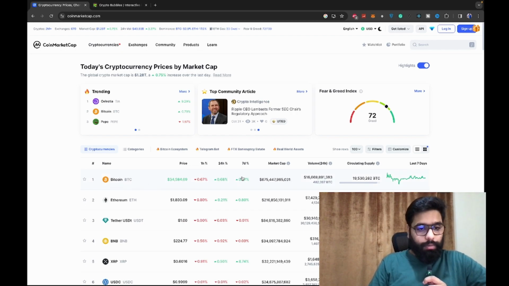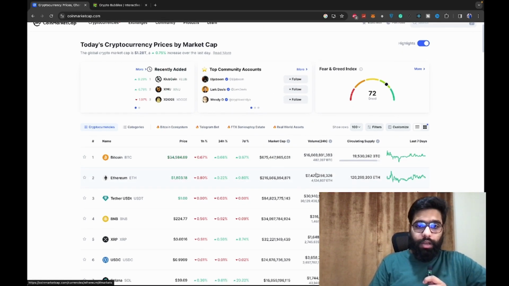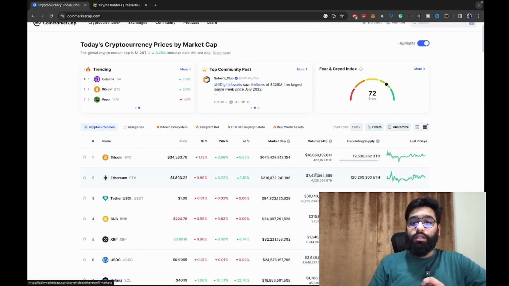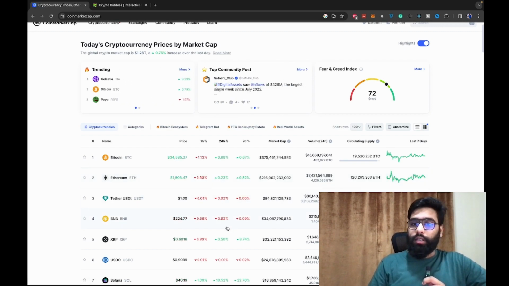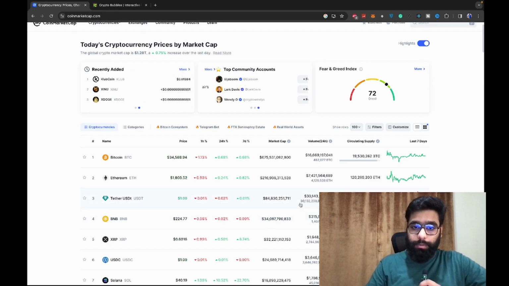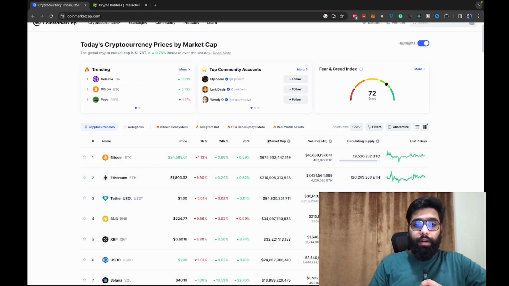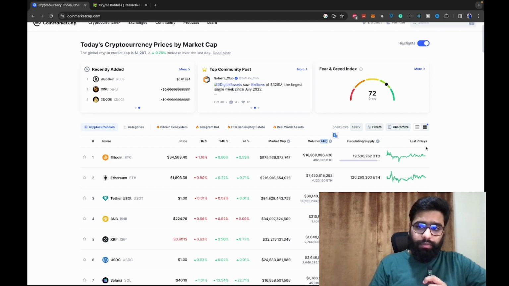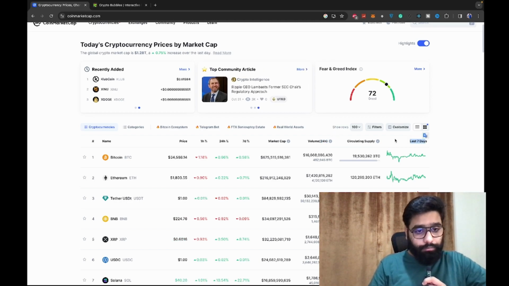Here you can see multiple cryptocurrencies along with how they are performing on a daily basis, hourly basis, or 7-day basis. You can get all the details on the website of a specific cryptocurrency, like market cap, volume, circulating supply, and how they are performing in the last 7 days.